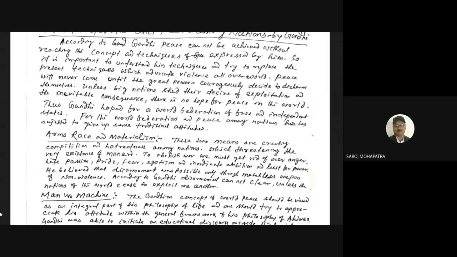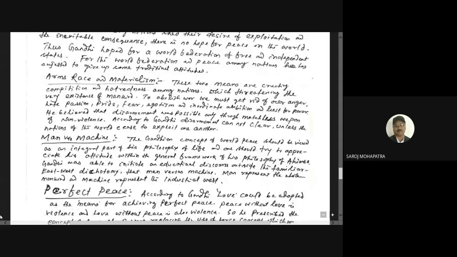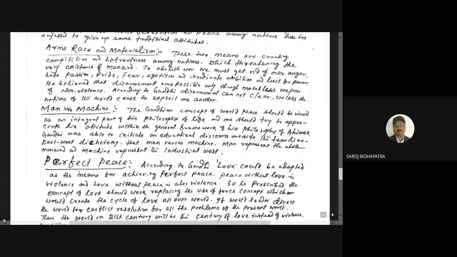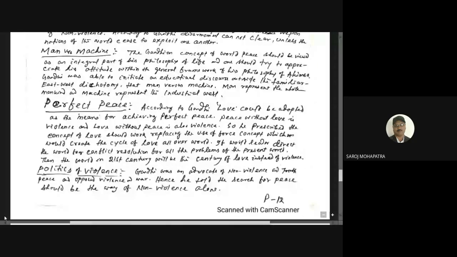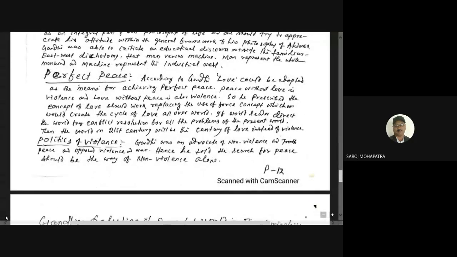So that is why he has suggested the arms race should be stopped, man versus machine, and particularly perfect peace. Regarding perfect peace, Gandhi was of the opinion that love should be adopted as the means for achieving perfect peace.